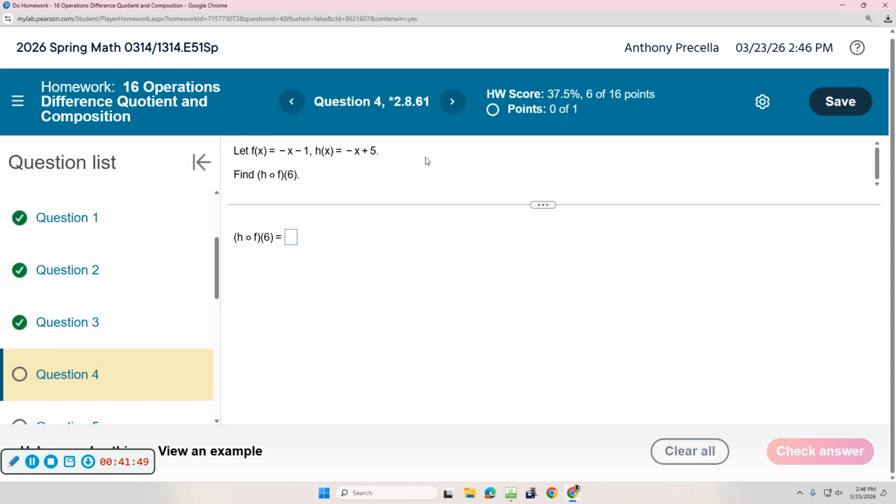They ask us to find h composed with f of 6. A composition at a number means your final answer is going to be a number.